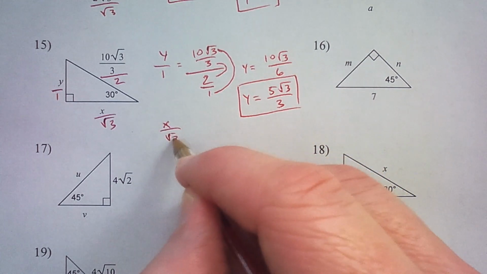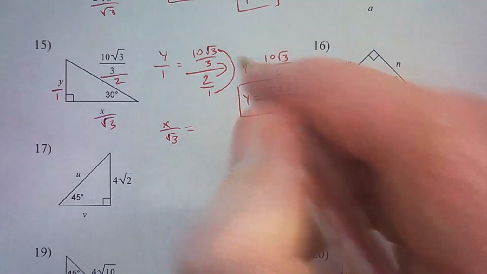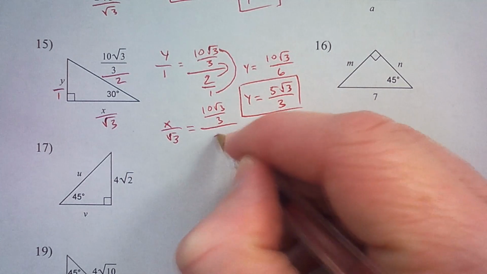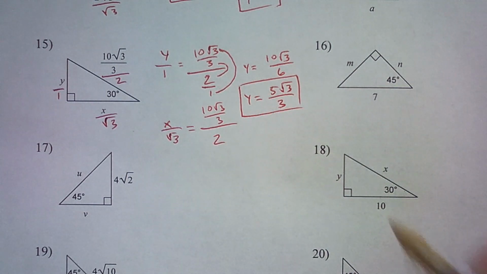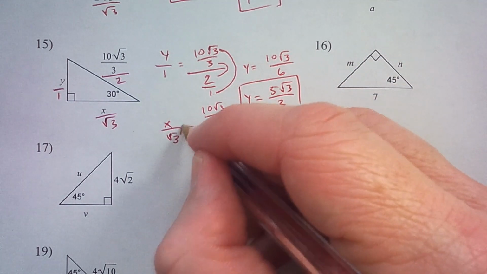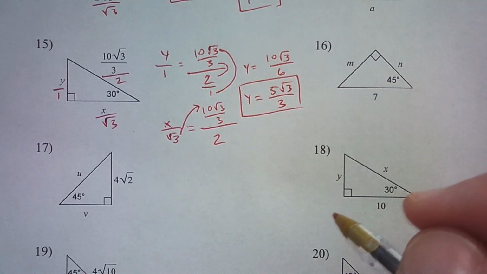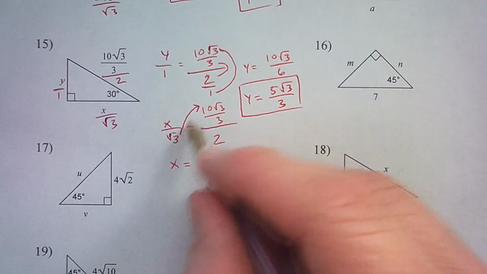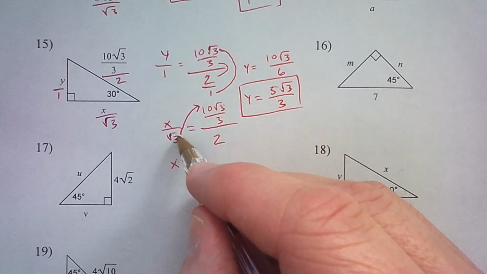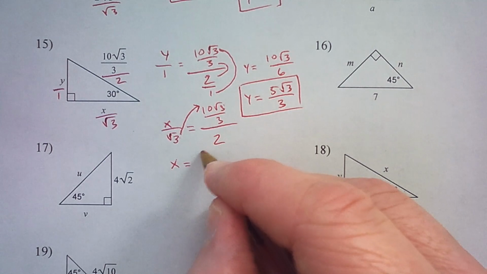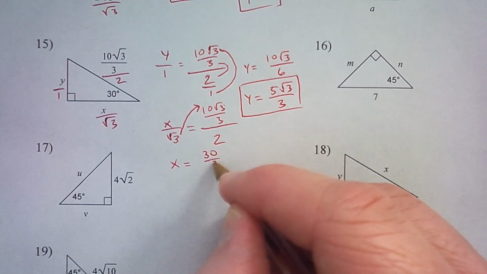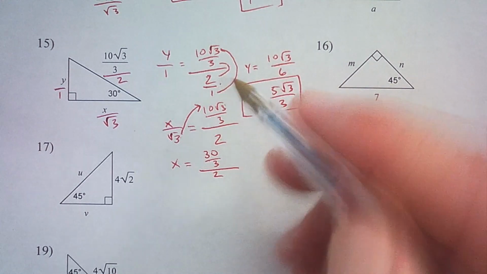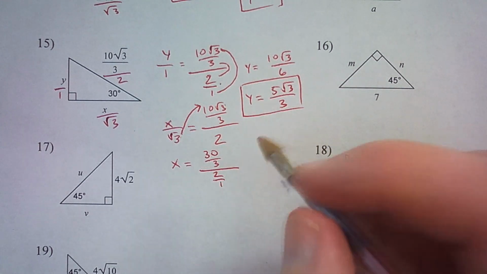x is to the square root of 3 as 10 root 3 over 3 is to 2. Okay, now I can multiply this root 3 across, and I get x equals 10 root 3 times root 3, which is 10 times 3, so 30 over 3 over 2, and I'll do just like I did here and make it 2 over 1.